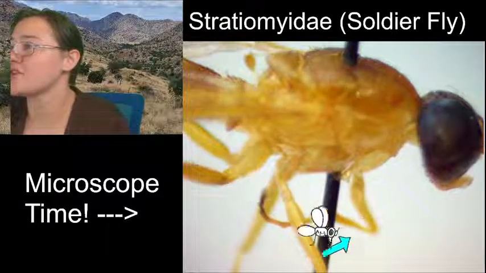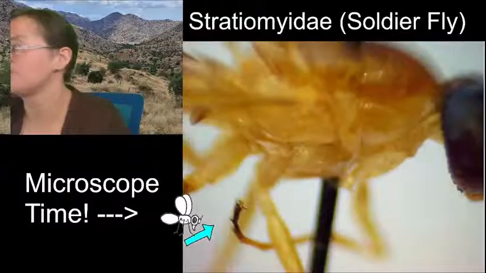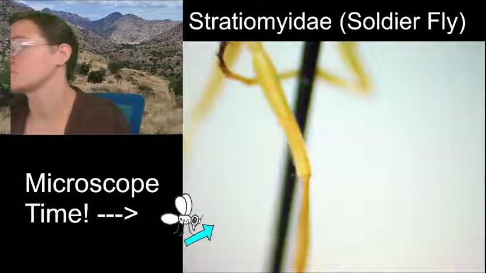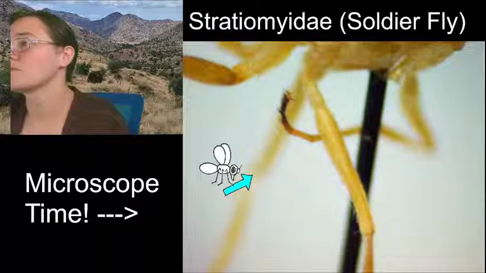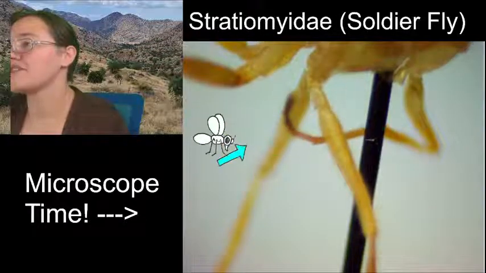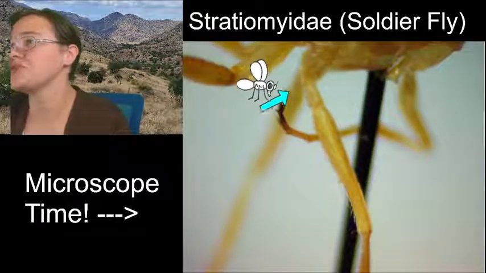Little bit better. So our femur is coming down, our tibia is coming out, and then we have, this is one tarsal segment that's long, and then we have 2, 3, and then 4.